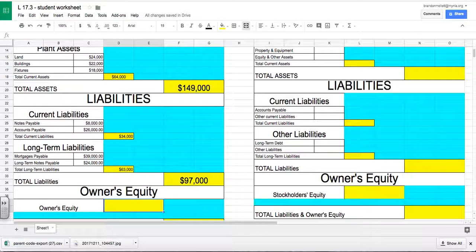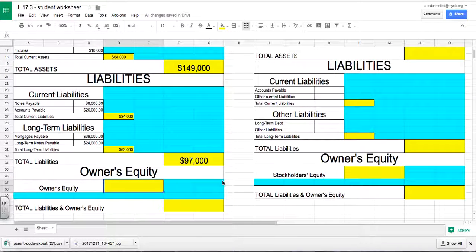So what is the actual worth of the company? Well, to find what is actually owned by the company is known as owner's equity. And we take the total assets minus total liabilities, and we would find the value of the company would be $52,000.